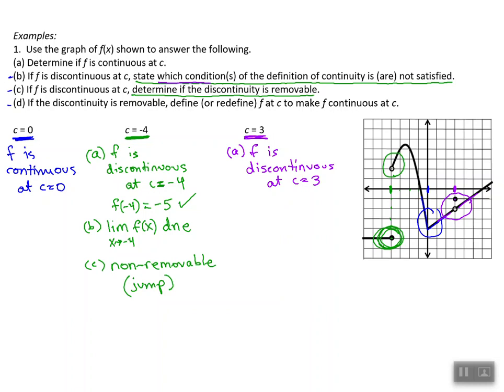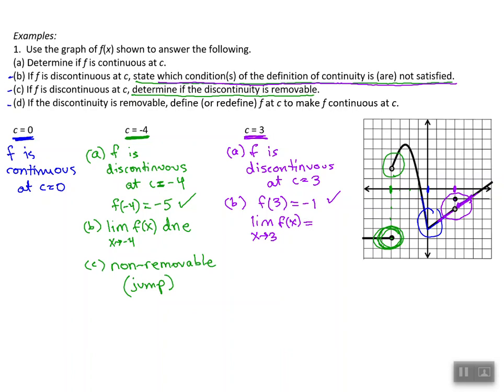Now, which condition of the definition of continuity is not satisfied? Do I have a function value? Yes, I do. f of 3 equals -1. So that part is fine. Do I have a limit? I do. The limit as x approaches 3 of f of x does have a value.